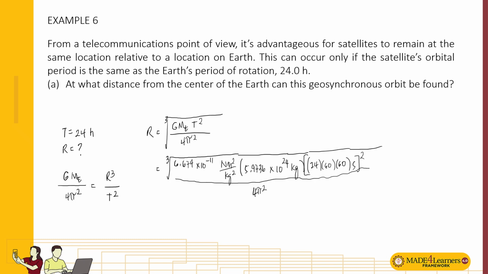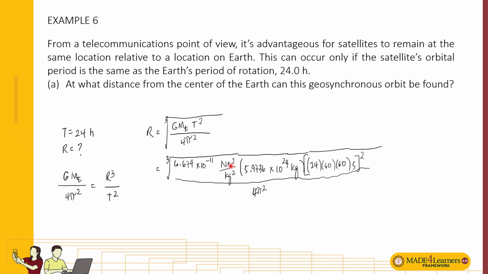Let's check if the dimensions are correct. Newtons is kilogram meter per second squared. So we have kilogram times kilogram over kilogram squared, so that cancels. Then meter times meter squared, so that's meter cubed.